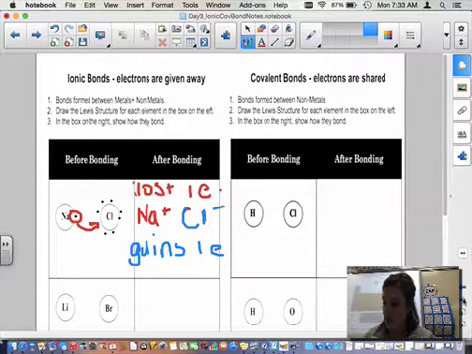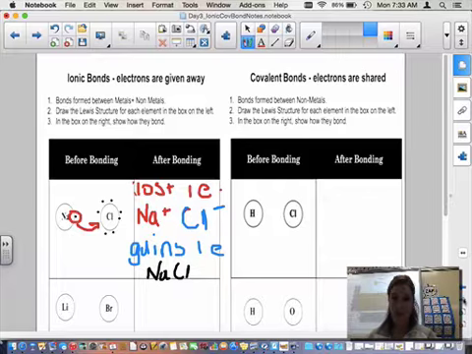I'm using the little superscript here of positive for sodium and a negative for chlorine. When I write the final compound, though, I would just write NaCl. And remember, only the first letter of each symbol gets capitalized, so the second letter is lowercase.